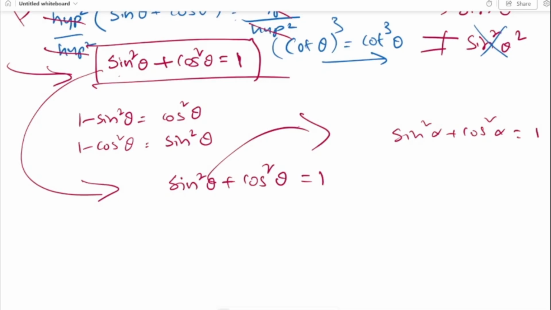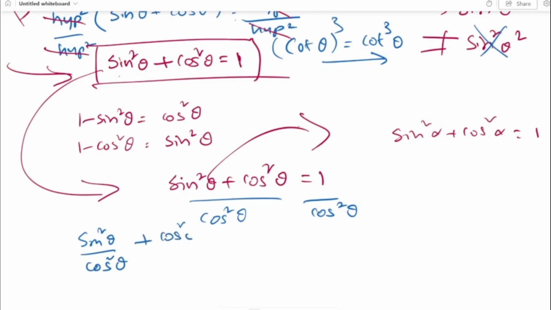Here, I'm curious to see what will happen if I divide both sides with cos square theta. Why do I have to divide with cos square theta? I just want to express this equation in terms of tan. Let's see what happens. If I divide both sides by cos square theta, what do we get? You split this: sine square theta by cos square theta plus cos square theta by cos square theta equal to 1 by cos square theta.